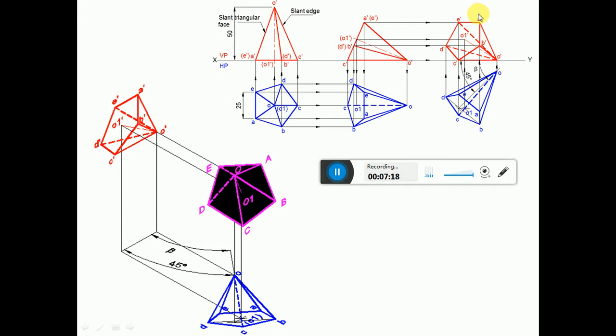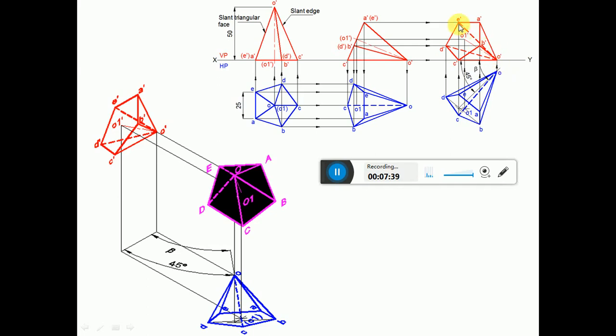So naturally B dash O dash also becomes visible. This is because from a point, if any one of the edges is visible, then all other edges coming out of that point are going to be visible. So this is the condition. So you apply that rule, that B dash O dash also becomes visible.